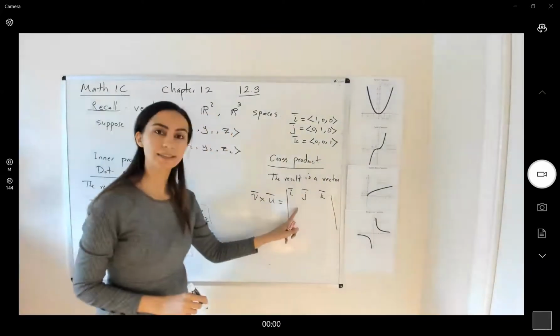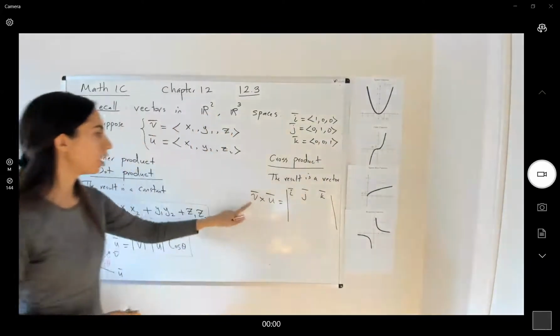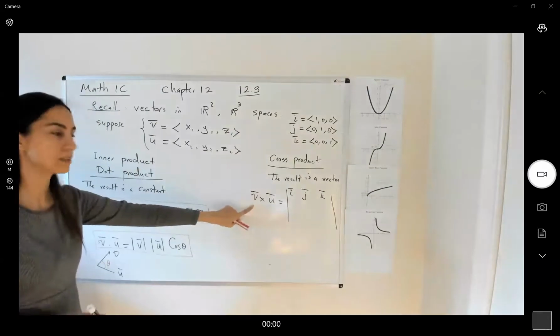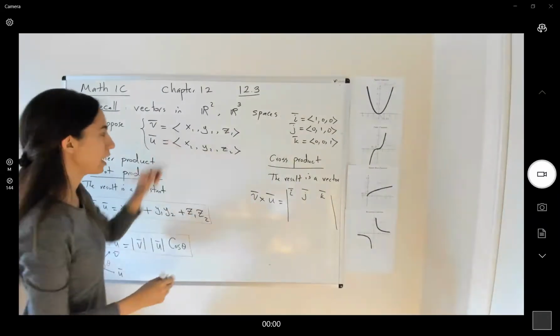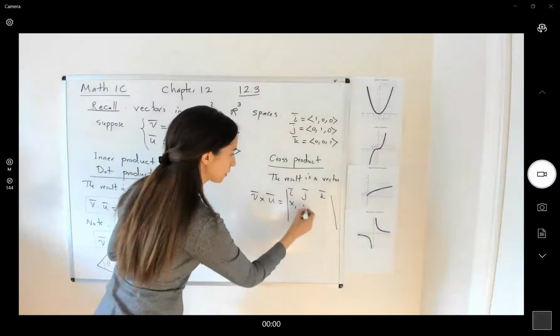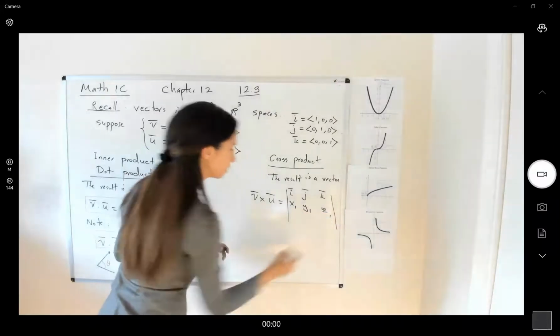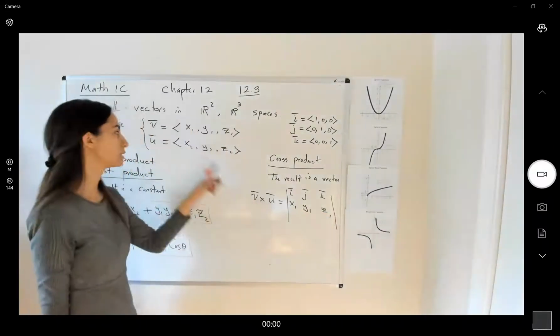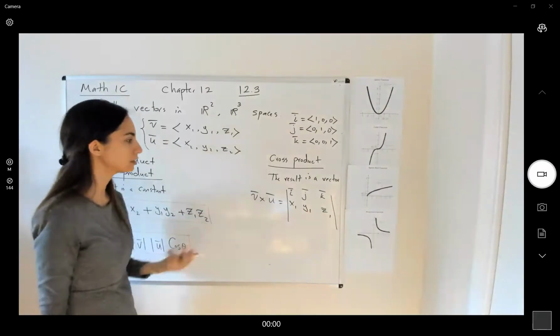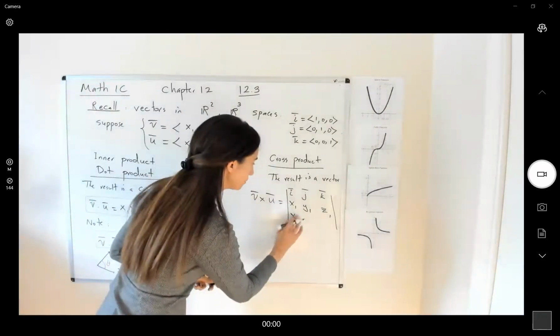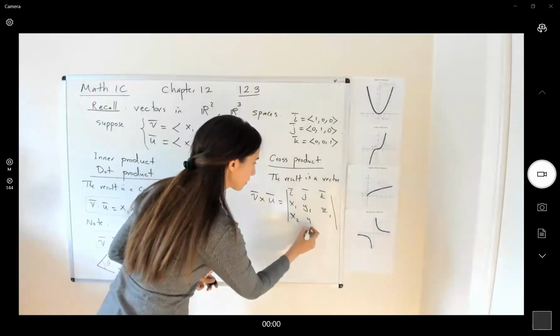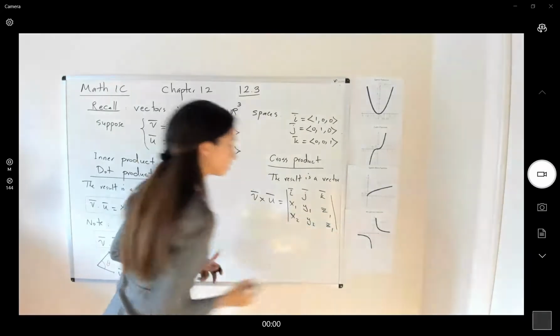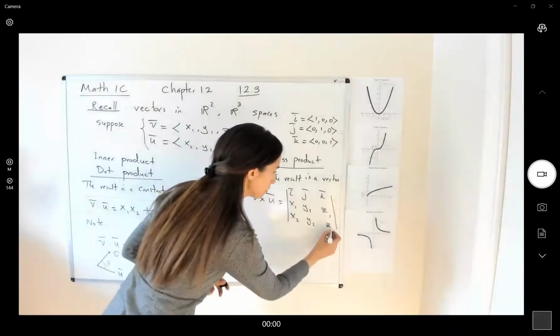And on the second row, you copy down the components of the first vector, X1, Y1, Z1. On the last row, you copy down the components of the last vector, U. So X2, Y2, and Z2.